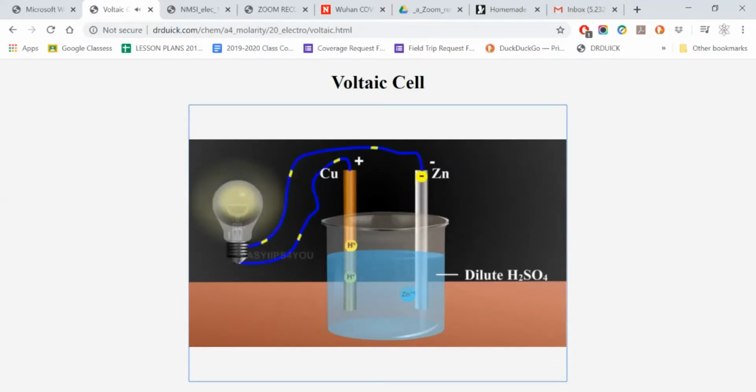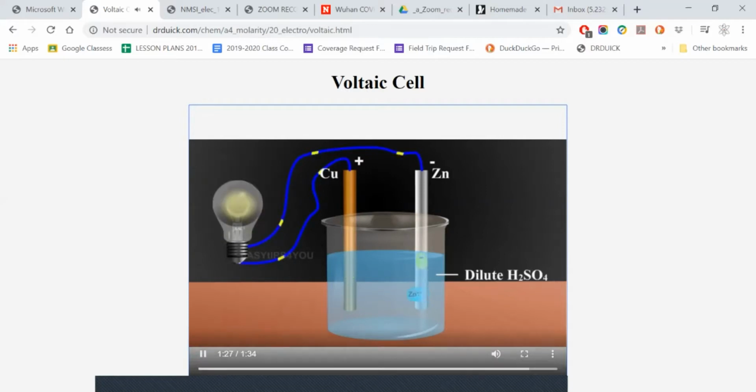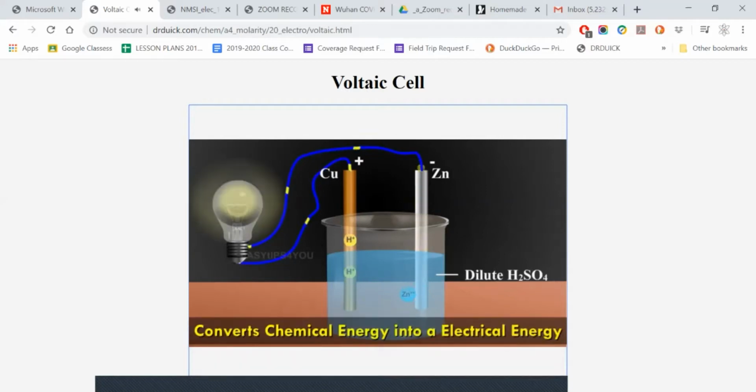At the same time, 2 hydrogen ions, 2H++, are discharged at the copper rod by taking the 2 electrons. This makes the copper rod positive. As long as excess electrons are available on the zinc electrode, this process goes on and a current flows continuously in external circuit. This simple cell is thus seen as a device which converts chemical energy into electrical energy.